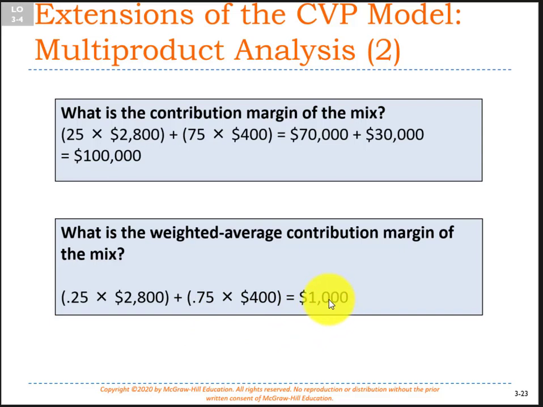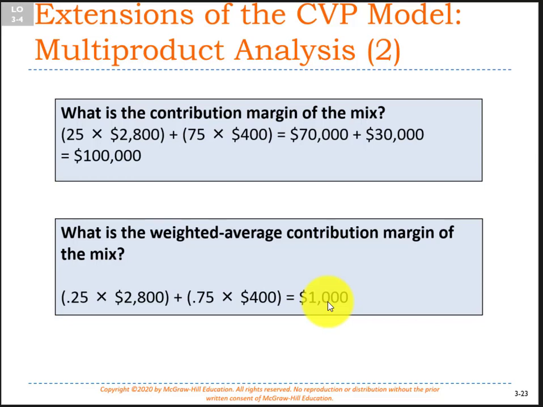And that gives us 1,000. This is the most helpful part of our formula here. 25%. Remember, we sell 25% for our big trips, 75% for our smaller rafting trips. So now we have a weighted average contribution margin.